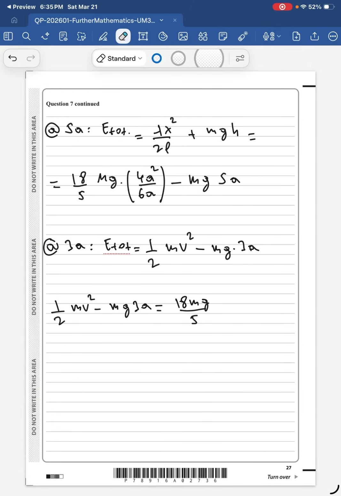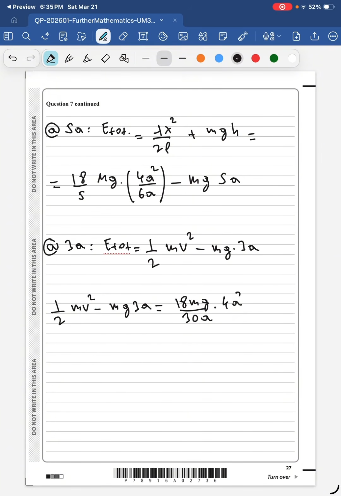Actually, let me make it over 30. Over 30a times 4a squared minus mg 5a. So m cancels.